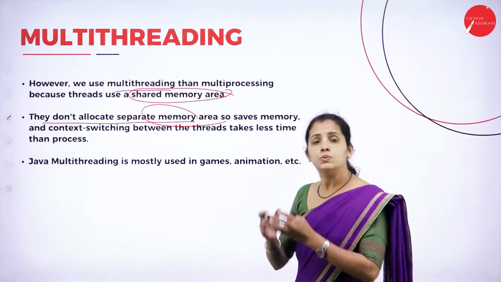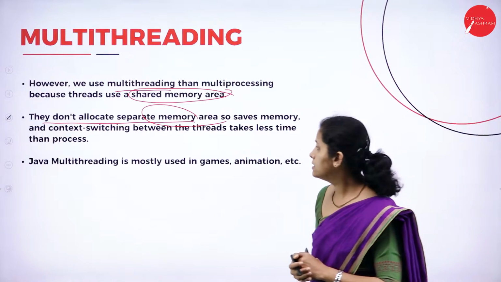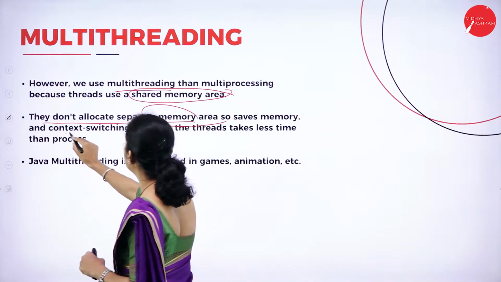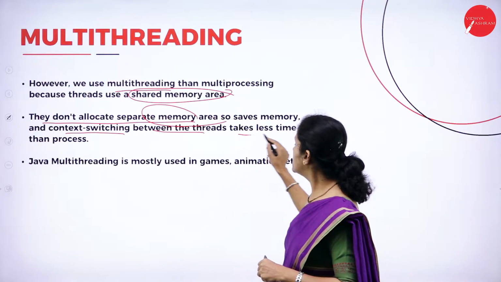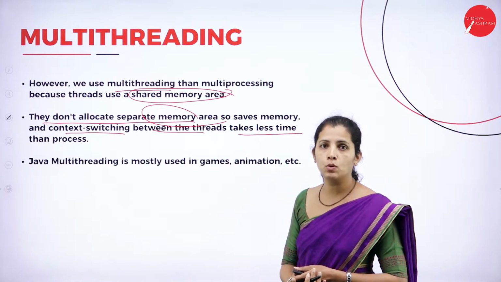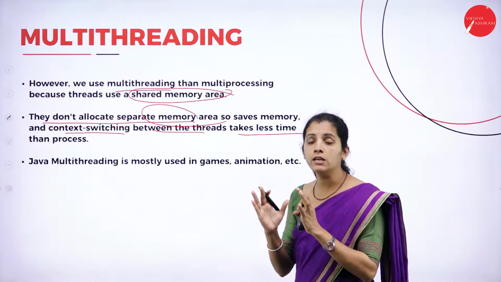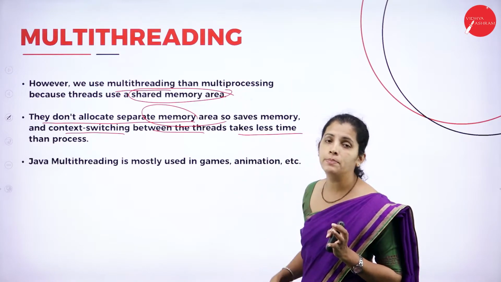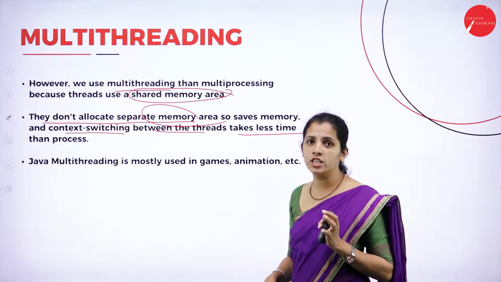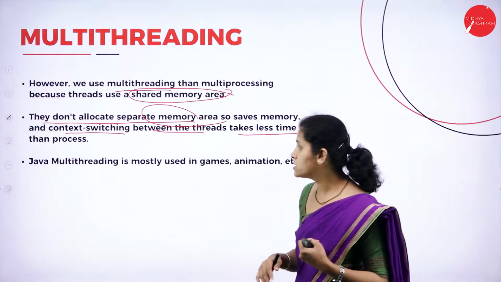That is switching from one process to another process. Context switching between the threads takes less time than between processes. When we encounter multi-threading, there must be context switching, that means switching between multiple processes.